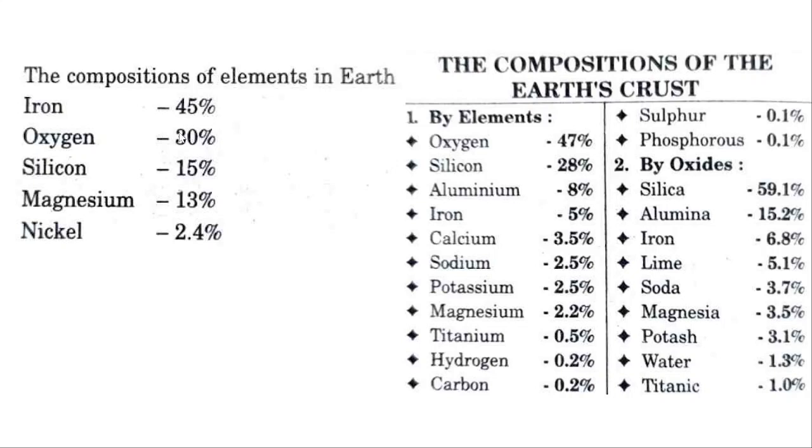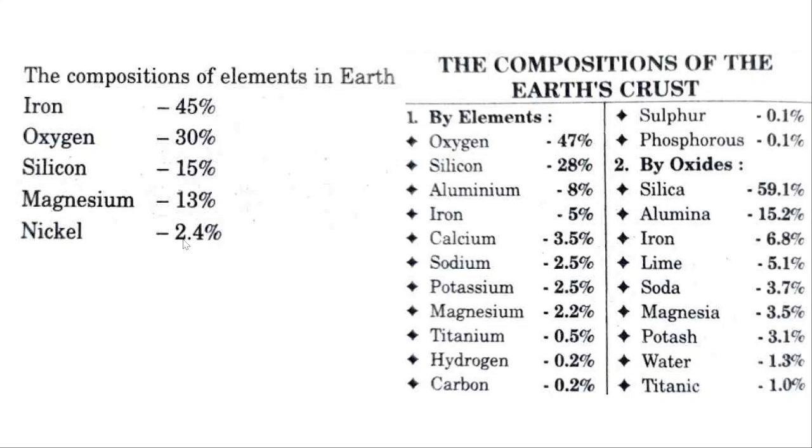Most people may not be aware of this, but in the Earth's crust, the highest element is oxygen. You can easily get confused unless you read it. Remember, in the Earth's crust number one is oxygen, followed by silicon, aluminium, iron. For the total Earth, it is iron 45%, oxygen 30, silicon 15, magnesium, and nickel.